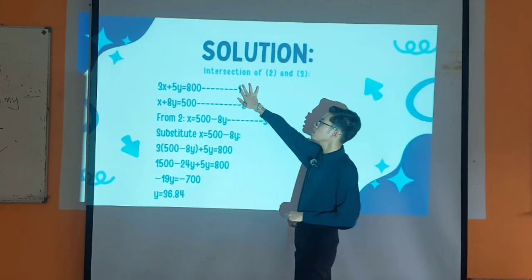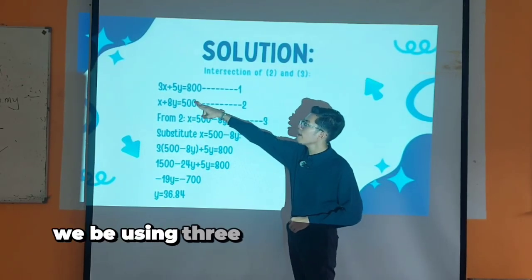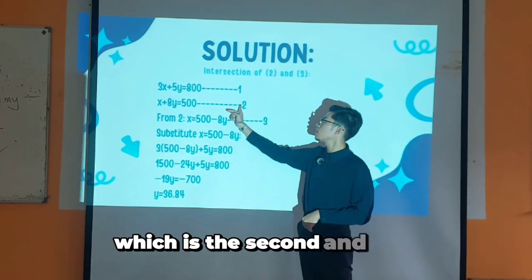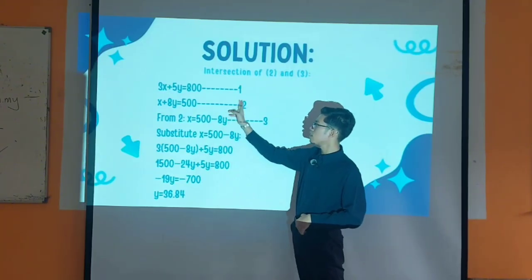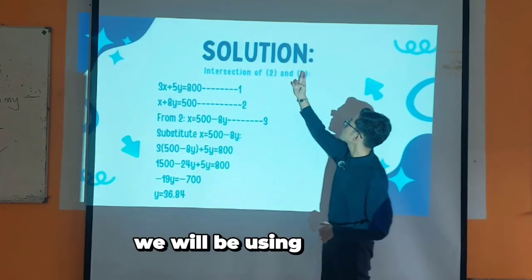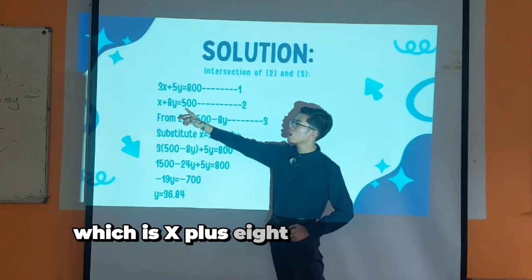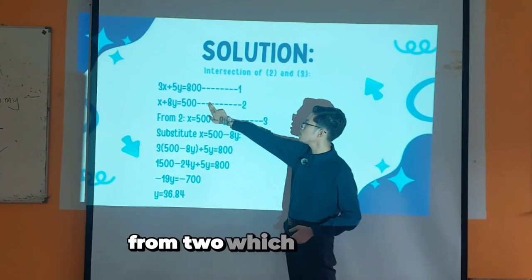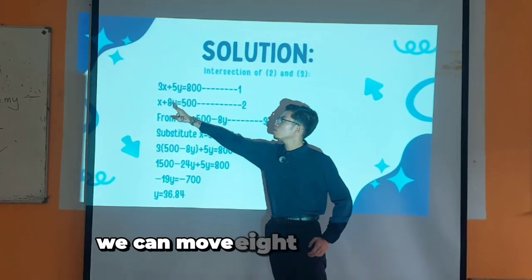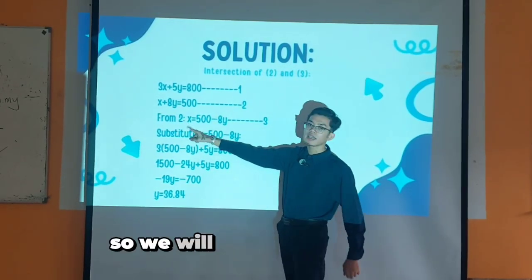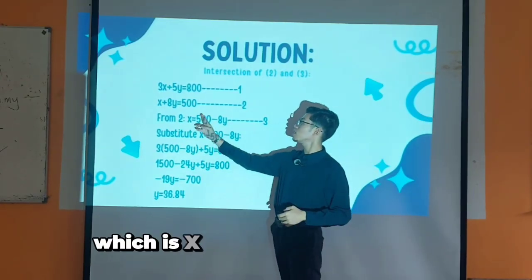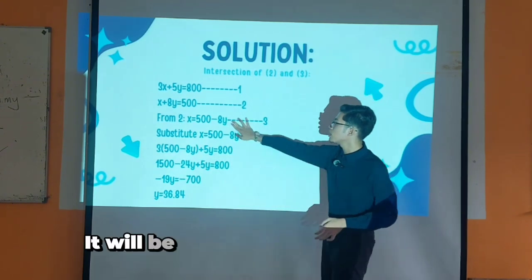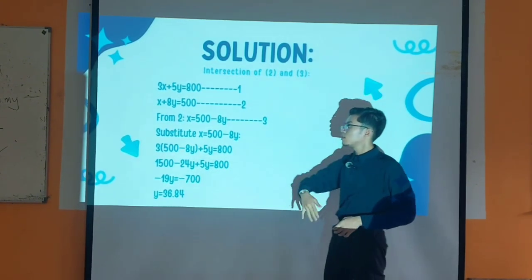We will use 3x plus 5y equals 800 as the first, and x plus 8y equals 500 as the second. From the second, we can move 8y to the right, so we get a new equation, x equals 500 minus 8y.